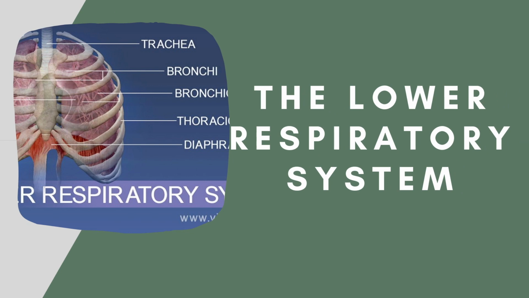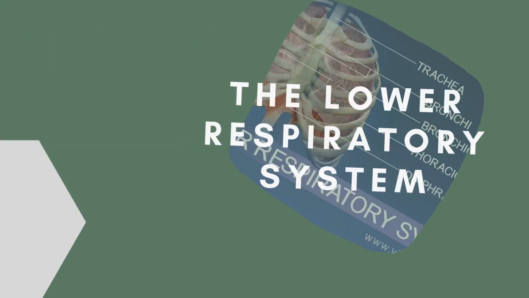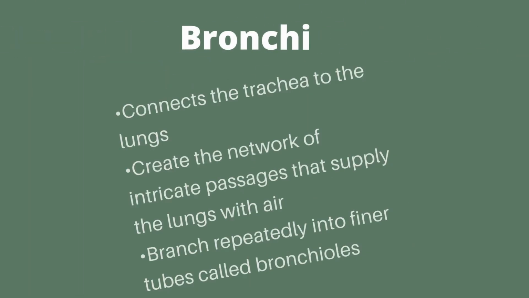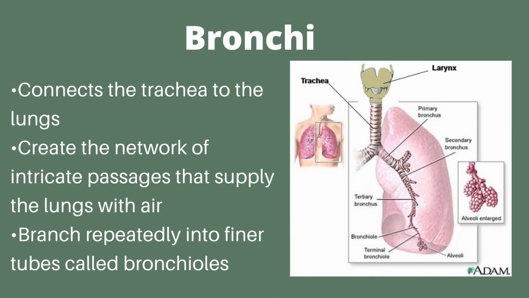The lower respiratory system, on the other hand, consists of the trachea, the bronchi, the lungs, and the diaphragm. The trachea, also called the windpipe, is located just below the larynx. It serves as the main airway through which air passes from the upper respiratory tract to the lower respiratory tract, particularly the lungs. As you can see, it extends from the larynx to the bronchus.